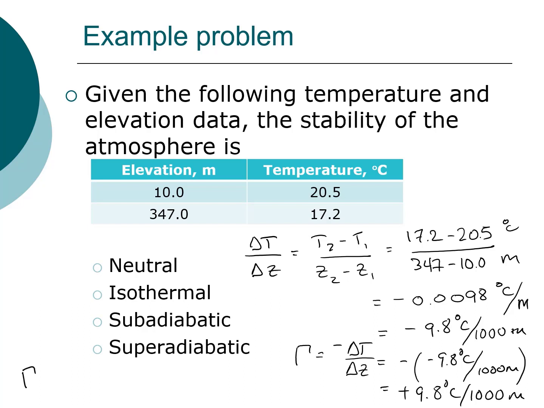And remembering that the dry adiabatic lapse rate is also 9.8 degrees C per 1,000 meters, therefore the dry adiabatic lapse rate is equal to the environmental lapse rate, so the condition is neutral.